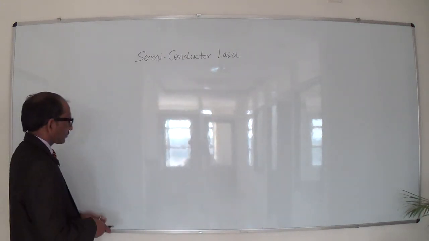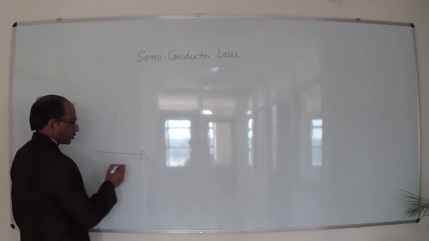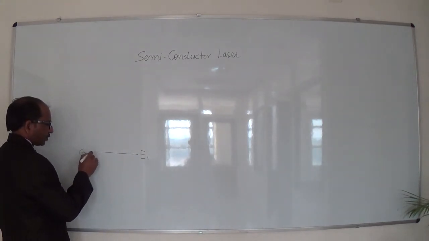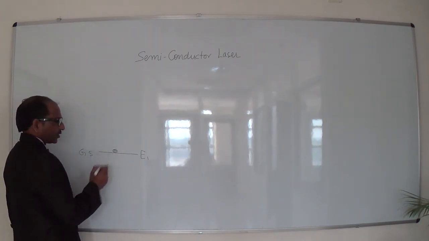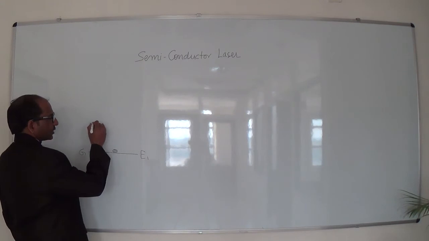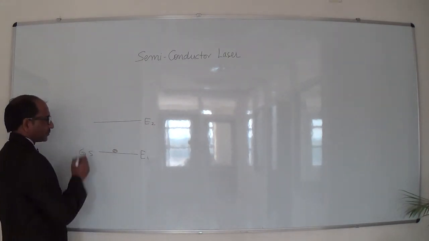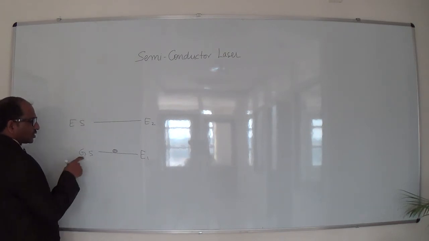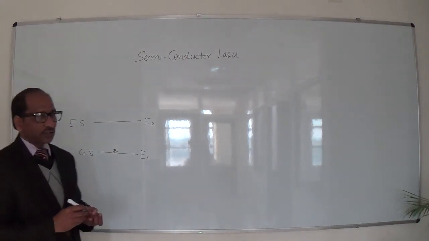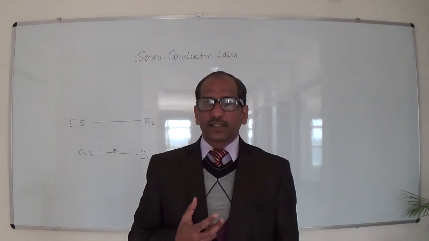Like this, state E1 corresponds to the ground state of an atom. Suppose our atom is in the ground state. E2 is the excited state of the atom. What do ground state and excited state mean?